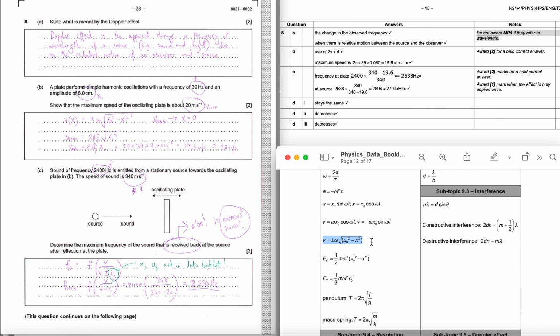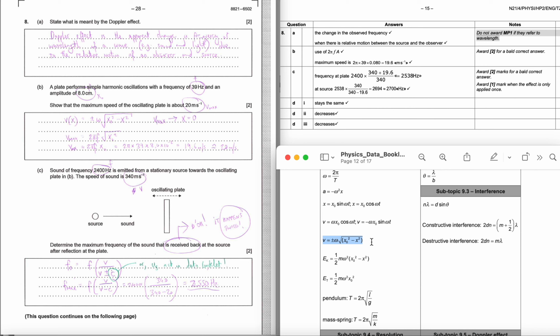You're asked to calculate the maximum speed. As we know, when we're doing simple harmonic motion, the maximum speed occurs at the equilibrium point, i.e. when x is equal to 0. Think of a pendulum swinging, or a mass on a spring. Both of them are fastest when at their equilibrium point. Why is that important? Well, we can put it into our equation.